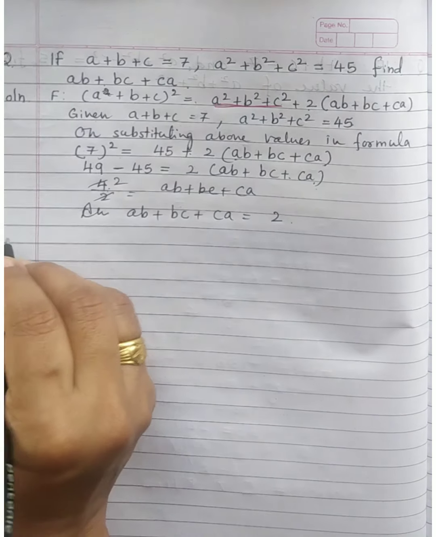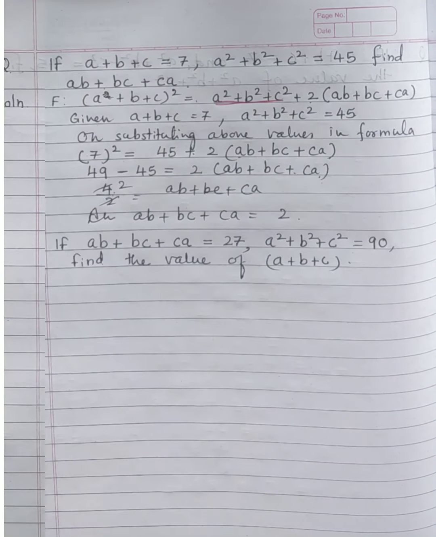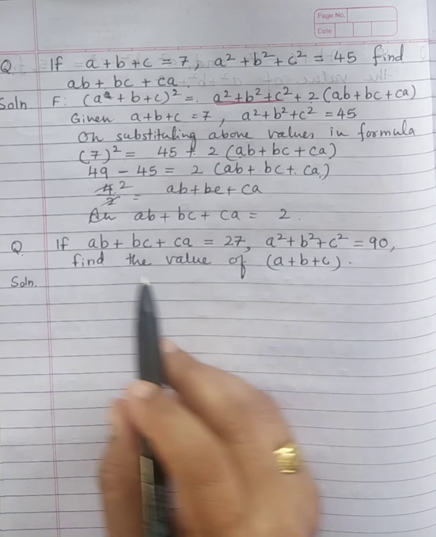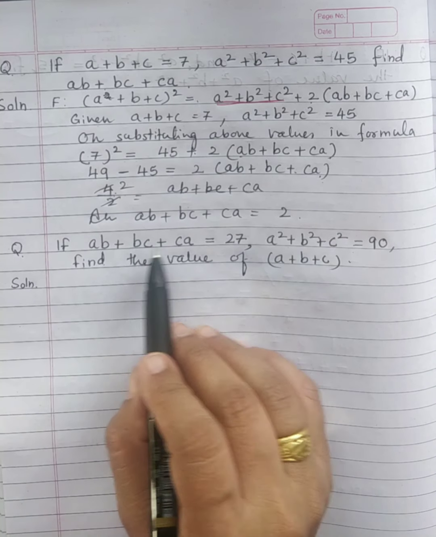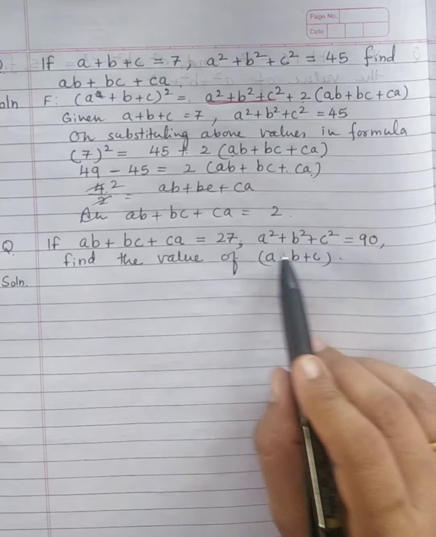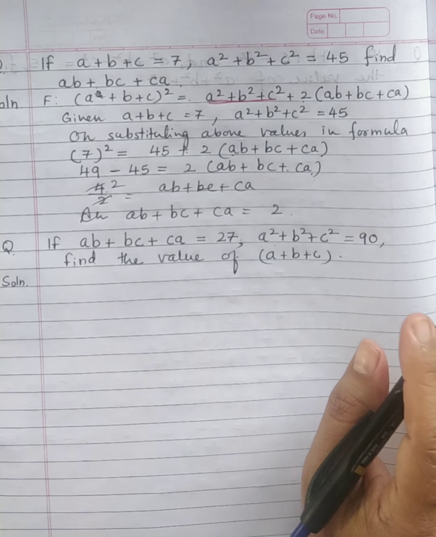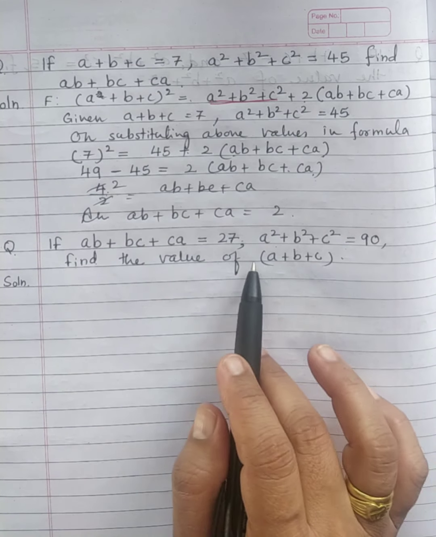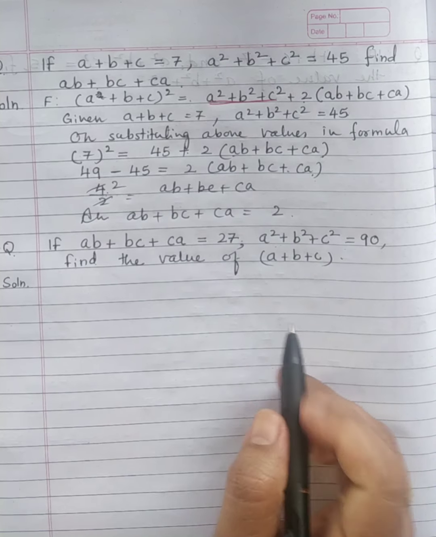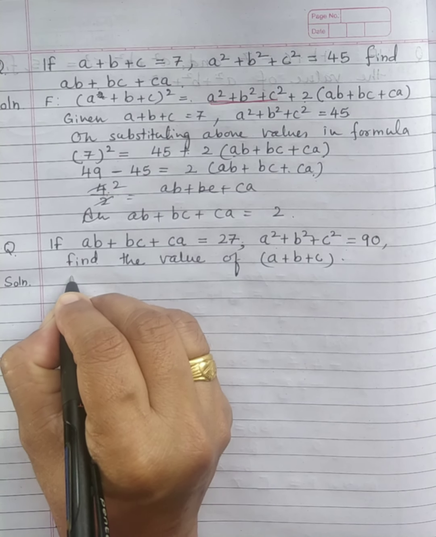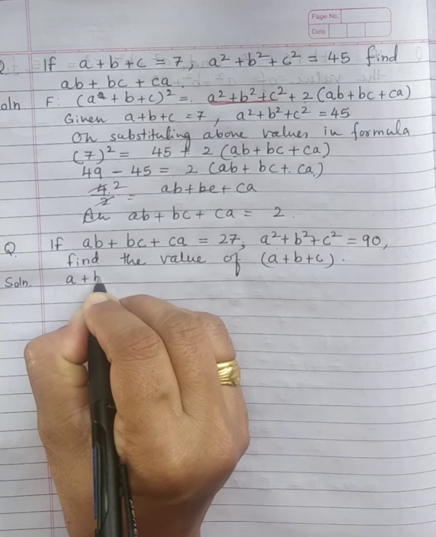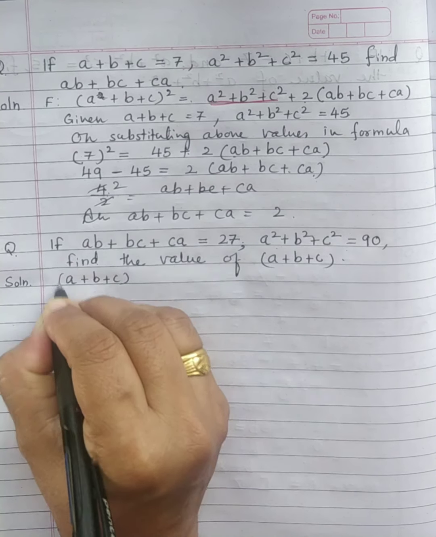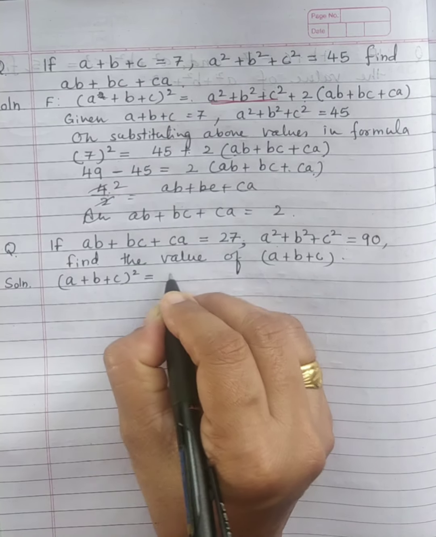Now let's go for one more question. Next question: AB plus BC plus CA is 27, A square plus B square plus C square is 90, and you have to find the value of A plus B plus C. Again, a very direct use of the formula. We know A plus B plus C, the whole square, is what?